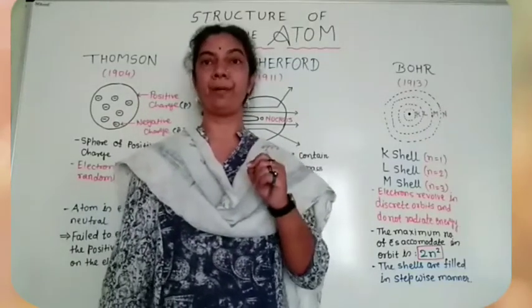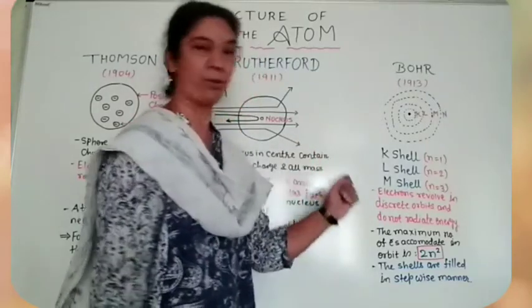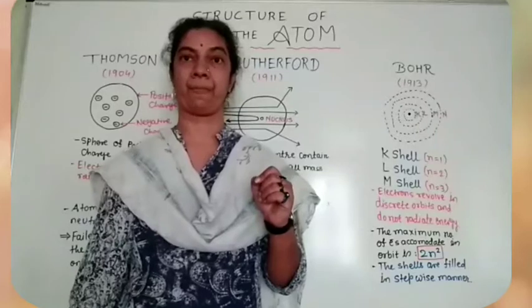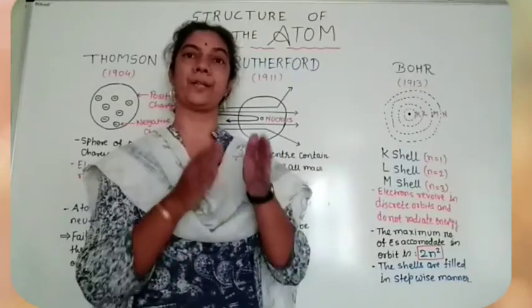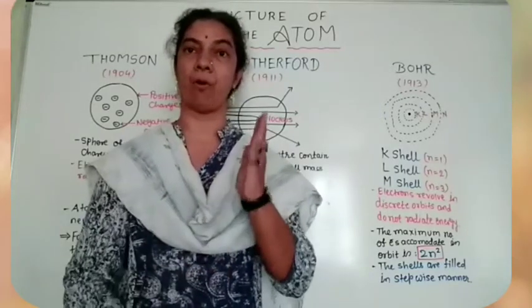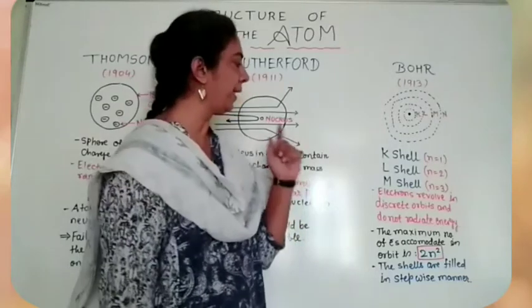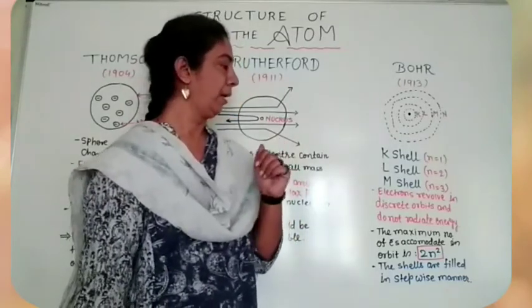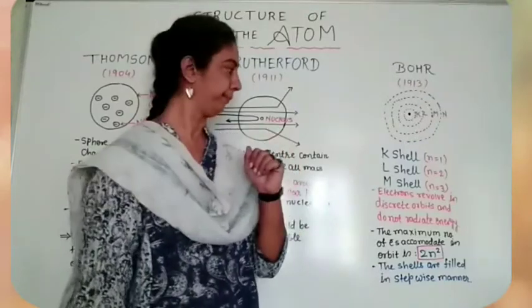And the important conclusions about electrons are that electrons are revolving in a specific path, and that is an orbit. He even gave the capacity of each orbit.